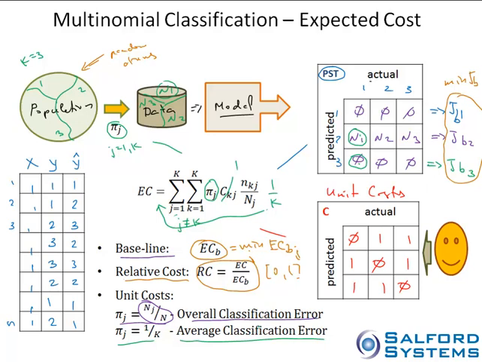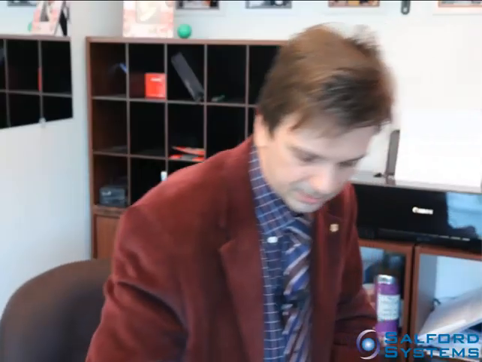And that gives you two very useful cases. Of course, average classification error is useful when you have disbalance in your classes and you want to make sure that the minority class is not overlooked, whereas the overall classification error is dominated by the major class.